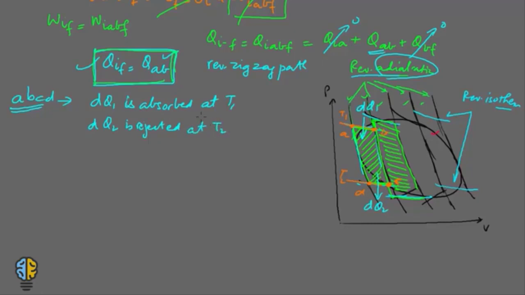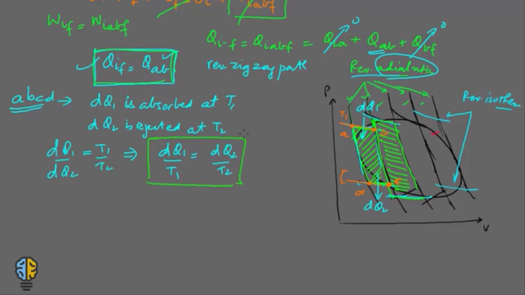Now you can say that dq1 by dq2 is equal to T1 by T2 because it is a reversible heat engine or reversible cycle, and from here I get dq1 upon T1 is equal to dq2 upon T2. Let us put this expression into a box.